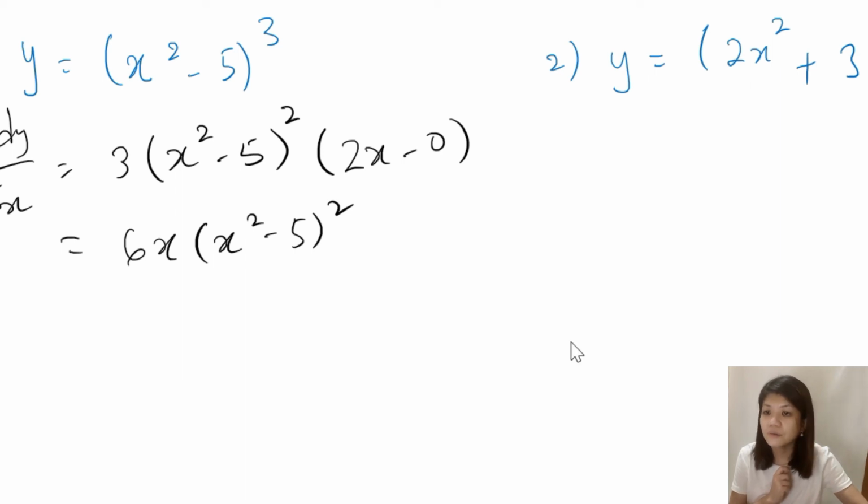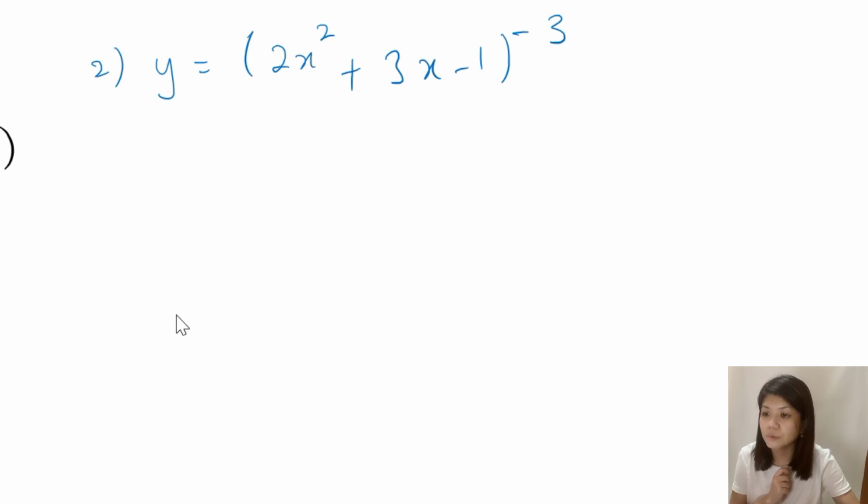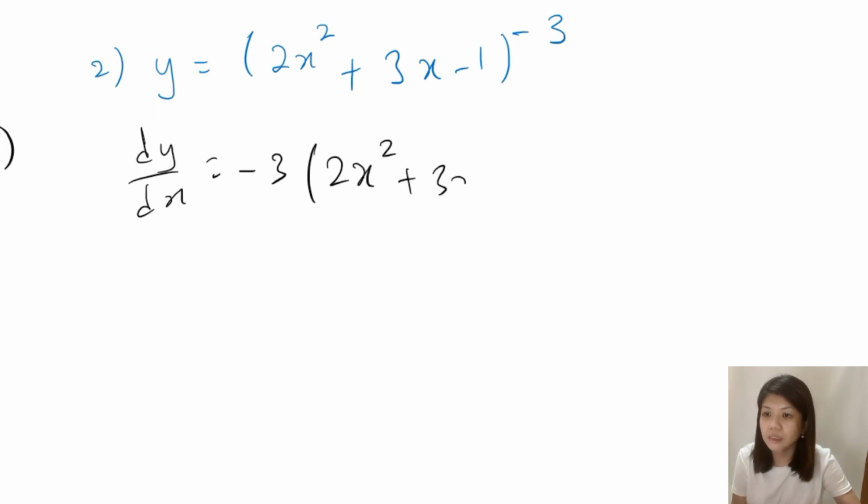We have a few more questions to go. So let's complete a few more questions. I hope you are doing it together with me, or at least have tried and compare your answers with mine. So you have this, and don't forget, because it's a negative power, negative 3 minus 1 gives you a negative 4.